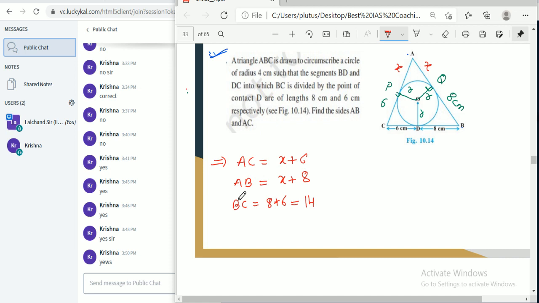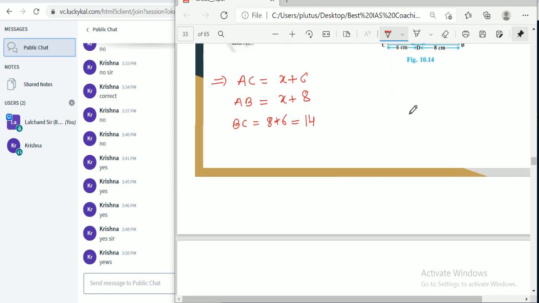To find this, we need to use the area of this triangle. Are you familiar with Heron's formula to calculate the area of a triangle? In ninth class, we studied Heron's formula.